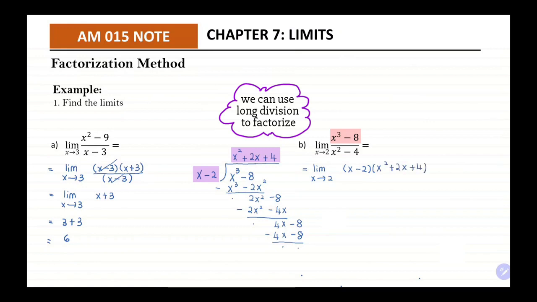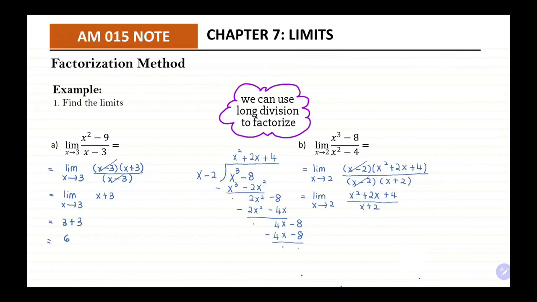plus 4, divided by x squared minus 4, which we can separate into x minus 2 times x plus 2. Okay, then we can cancel out x minus 2 with x minus 2. So we have the limit as x approaches 2 of (x squared plus 2x plus 4) divided by (x plus 2).